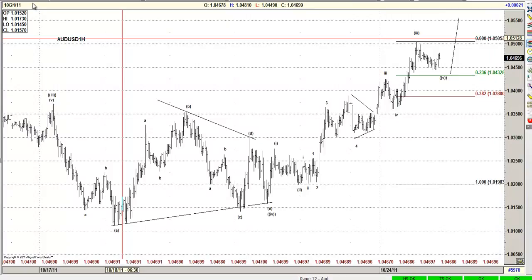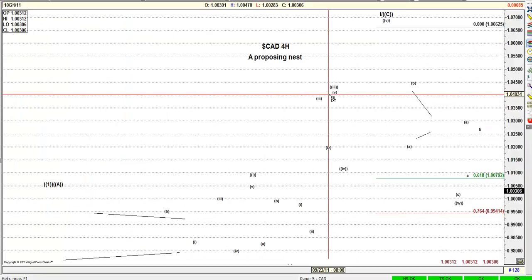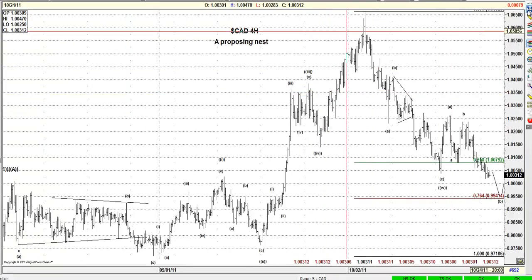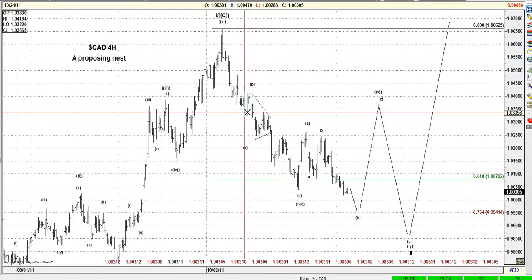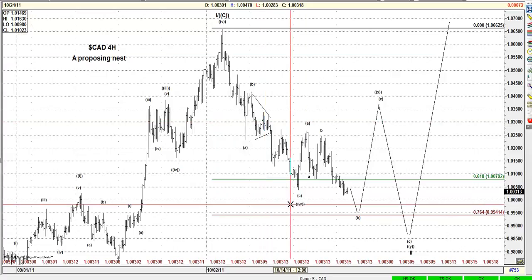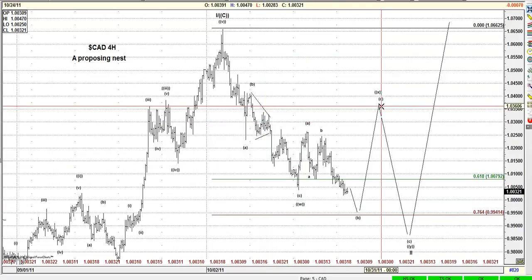Now, let's take a look at the open trade that we have, which is the dollar CAD. You guys can see that we're labeling the dollar CAD as it's doing a B wave flat or a C wave already. We're labeling A, B, C, W, then A and a flat B and a C wave.